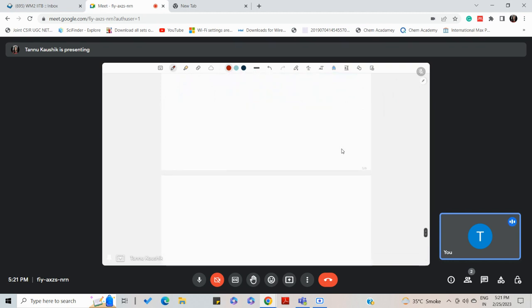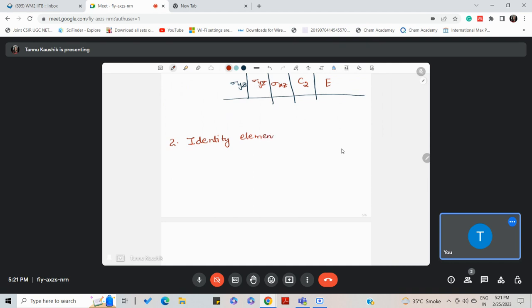Now moving to the second rule of a group. And the second rule is the identity element, the presence of an identity element in a group.